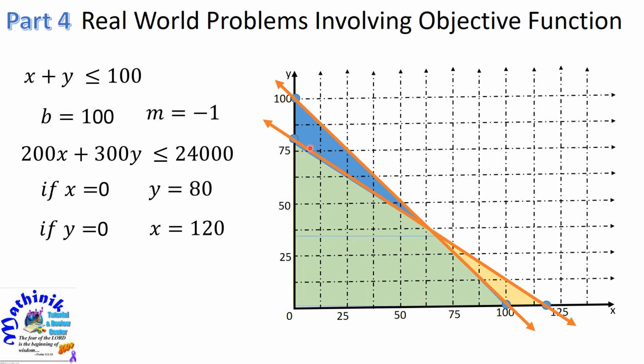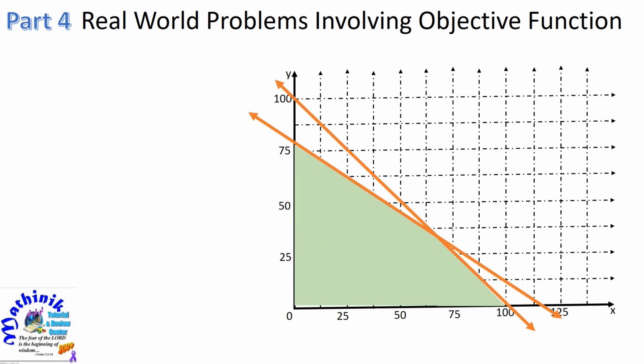So from here, by theorem, the maximum and minimum values of the objective function are obtained by using the corner points because we have a bounded region in our feasible solution.